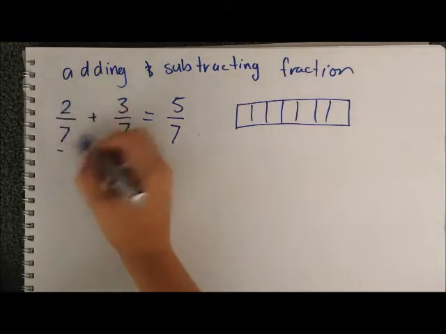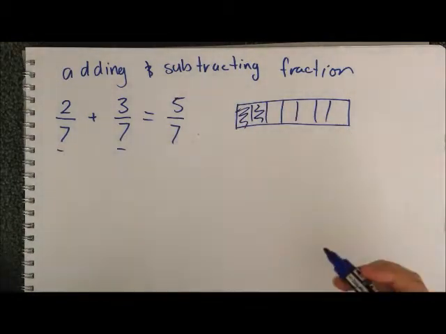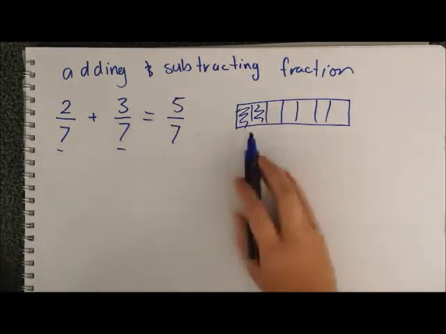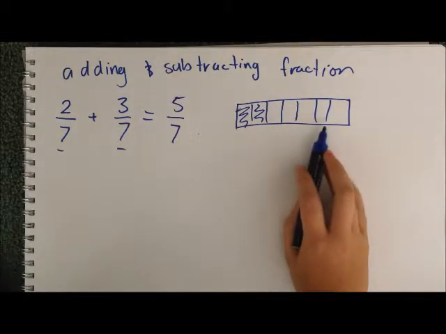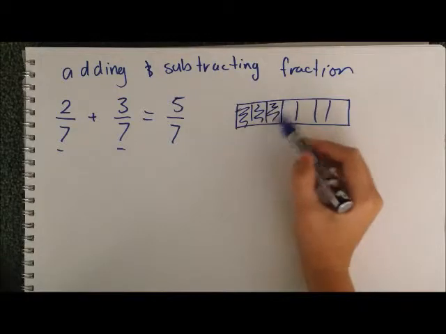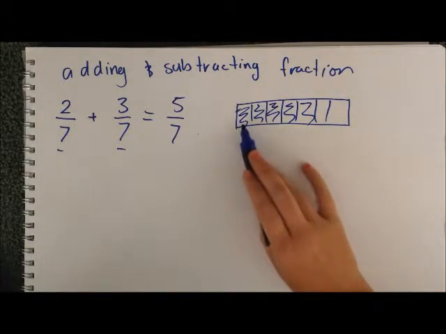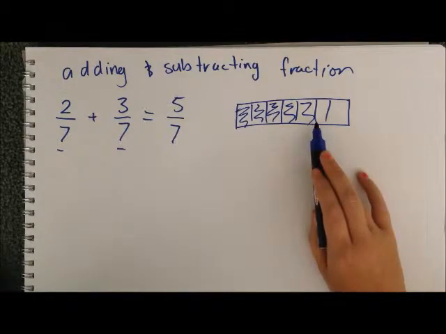You've got 2, and you're adding 3 more sevenths. So you've got 2 sevenths. Now we're going to add 3 more. 1, 2, 3. So in total you've got 5 sevenths.